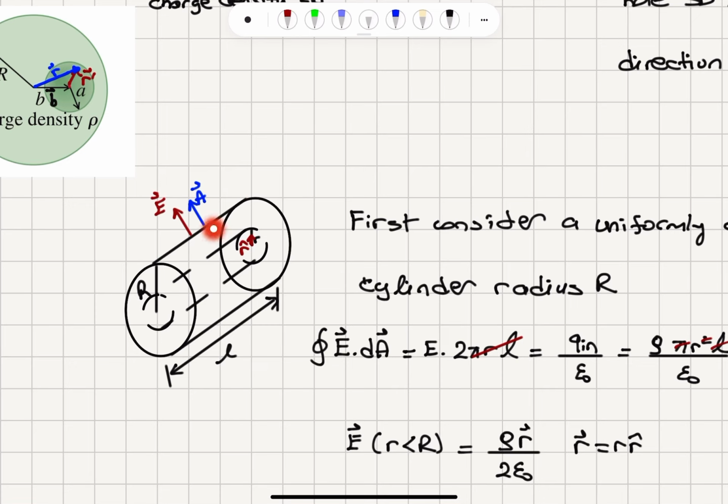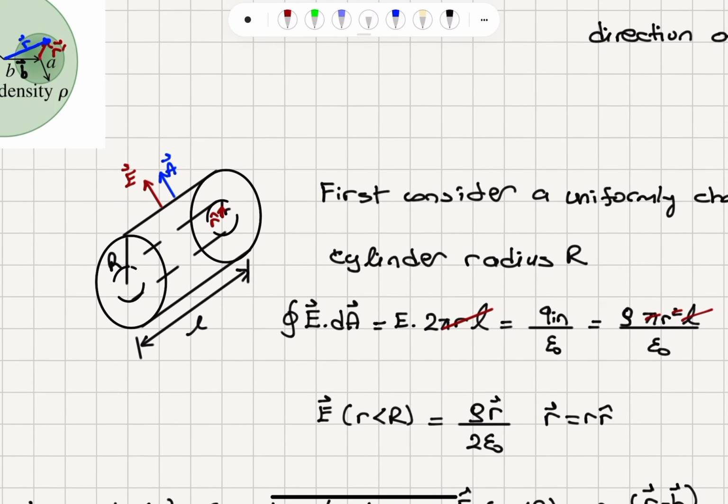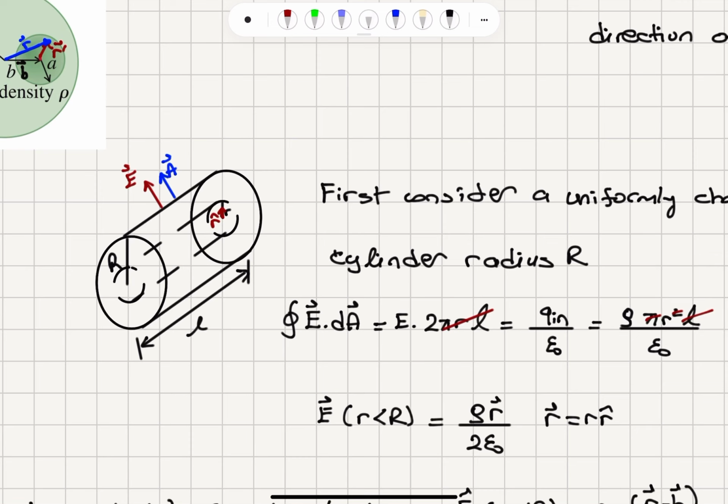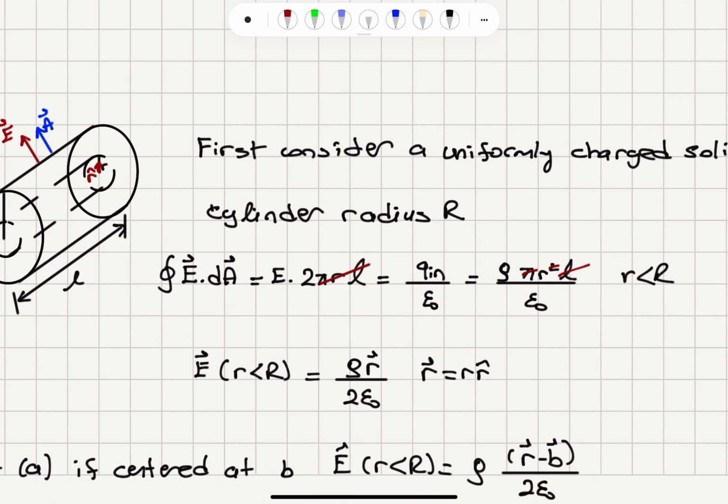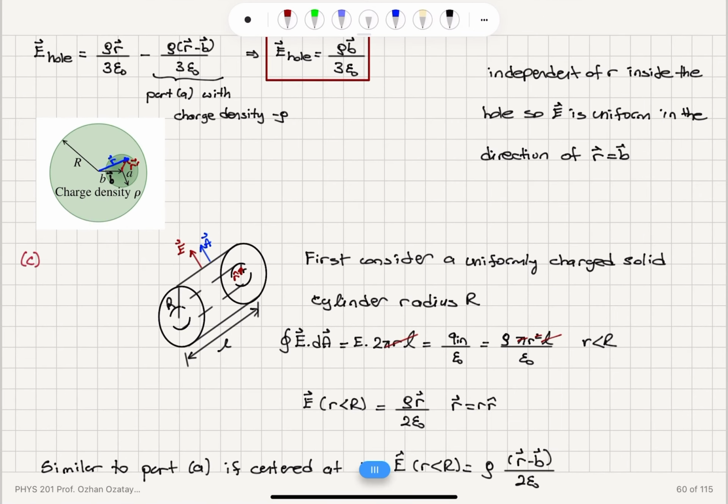It's only in the radially outward direction, originating from the central axis of the cylinder. E times 2 pi r L is rho times the volume of the cylinder, pi r squared multiplied with L, over epsilon 0, which gives me rho r over 2 epsilon 0 for the electric field inside.